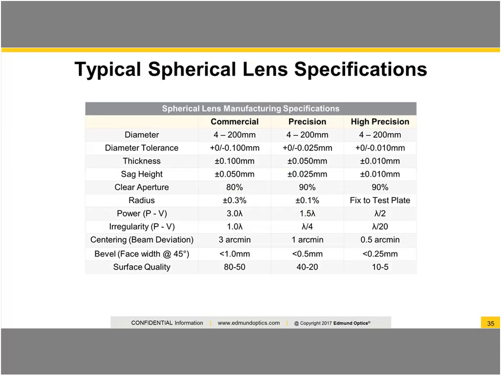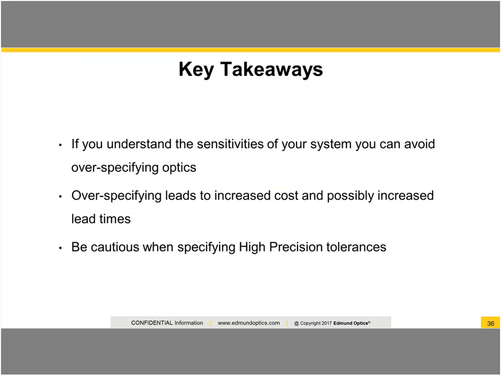So running back through the overall specifications, you can see commercial, precision, and high precision. Those will have to be taken on a case-by-case basis, but that's what is achievable typically with our finishing processes. The key takeaways that I'd like you to leave with from this webinar: you need to understand the sensitivities of your system so you can avoid over-specifying tolerances in your optics.